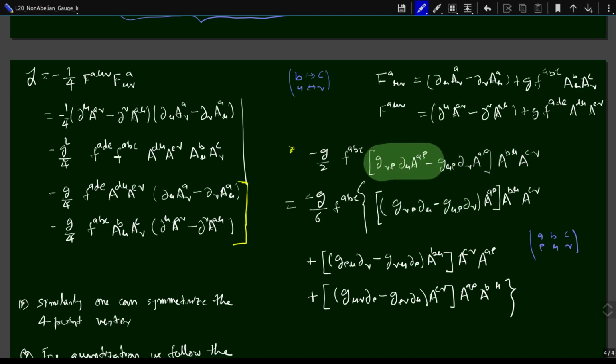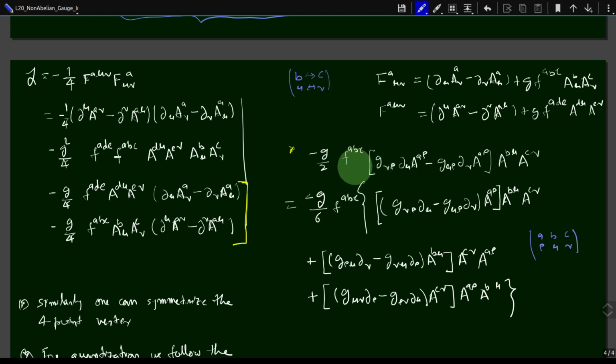So actually this piece overall is antisymmetric under this transformation. But f^{ABC} is also antisymmetric under exchange of B and C. So overall we get the same.